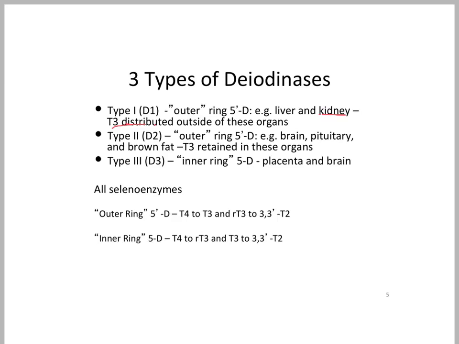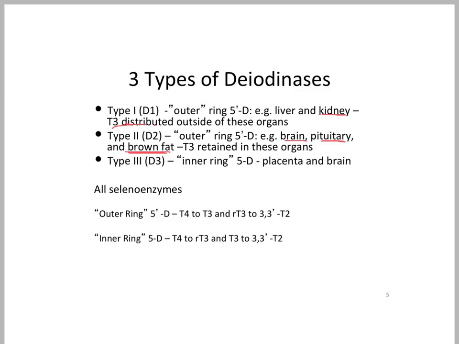Deiodinase 2, which we see in the brain, and we already mentioned the pituitary, and also brown fat, a more metabolically active form of fat, the T3 that's made by these tissues and the deiodinases inside the cell is actually retained in those organs, and so this is truly an enzyme that creates intracellular T3.